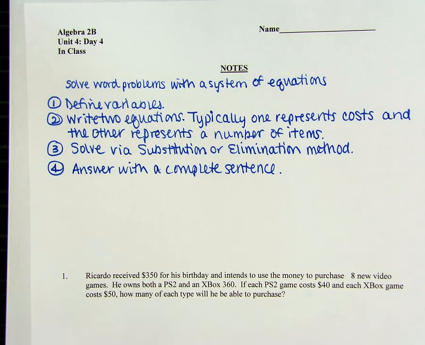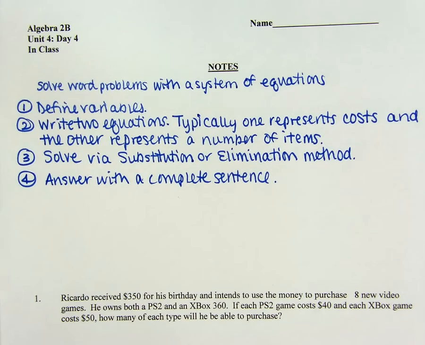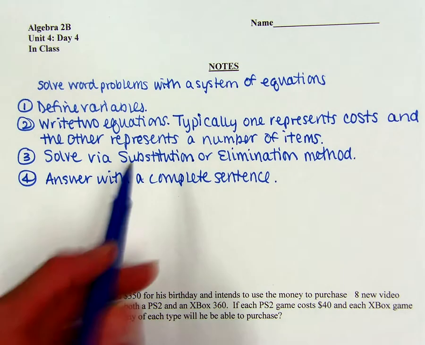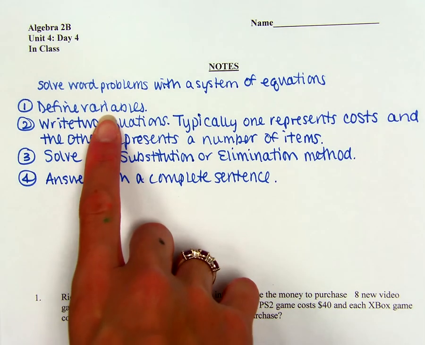Alright, so today we're going to be continuing the concept of solving systems of equations. The only difference is you're going to be given word problems instead of equations. So pause the video if you need to write all this down, but we're solving word problems by defining two equations. You're going to create a system of equations based on variables that you select.